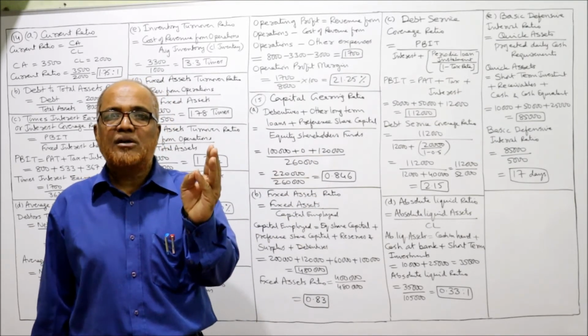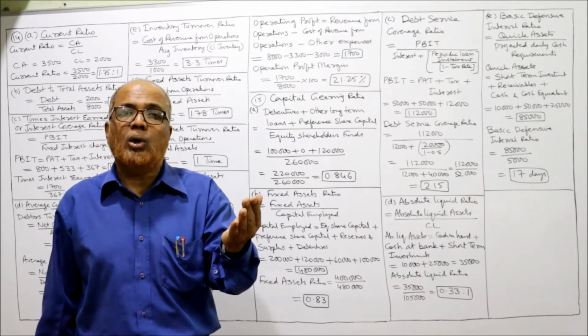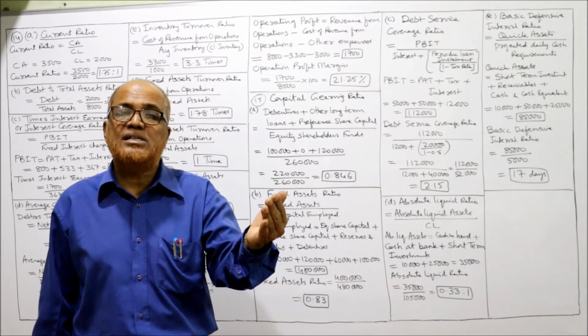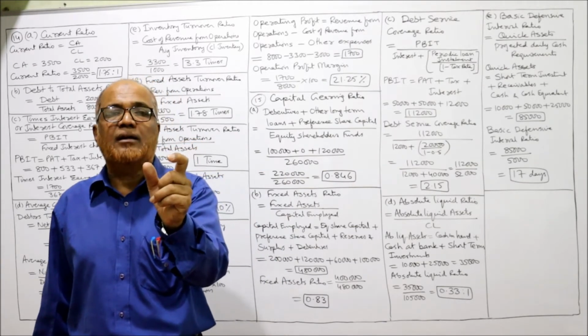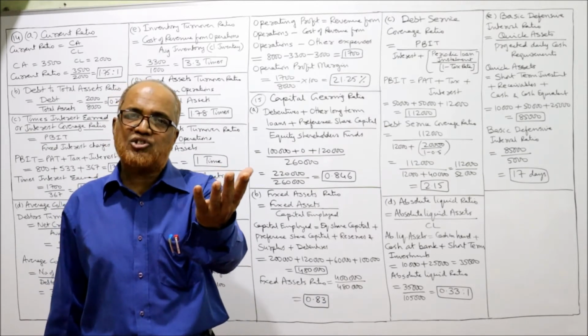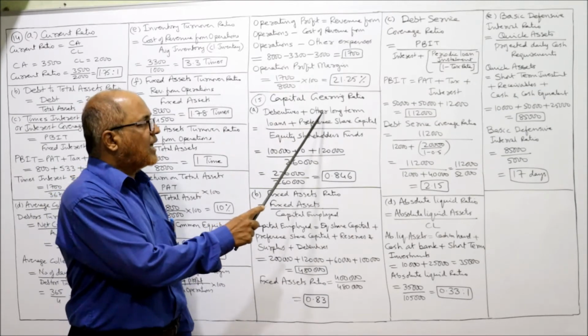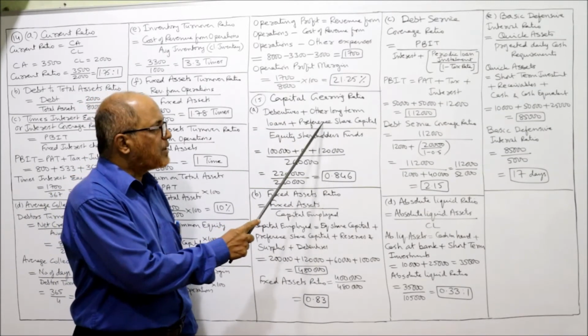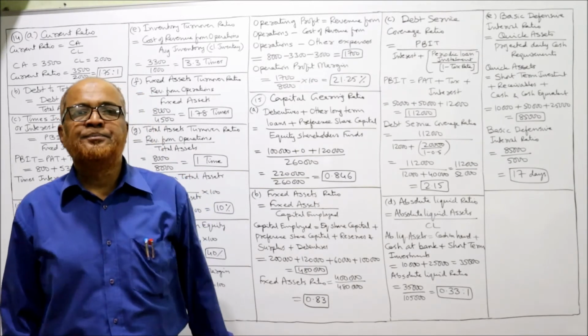Debentures, and any other long-term loan, have a fixed rate of interest. Preference share capital has a fixed rate of dividend. So in the numerator we will take debentures plus other long-term loans plus preference share capital.